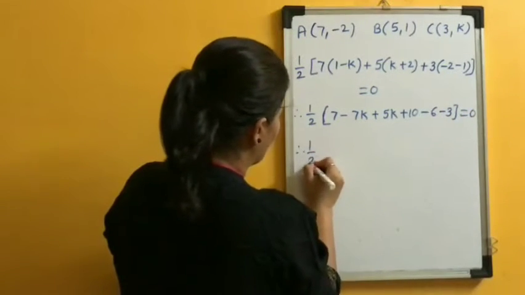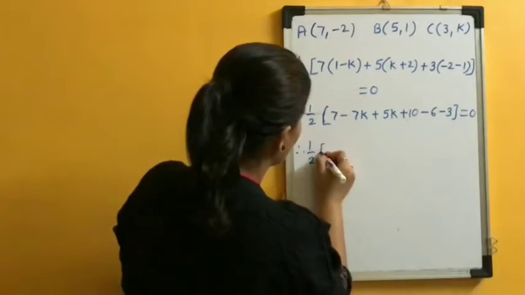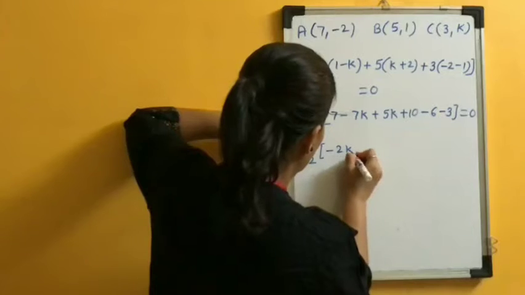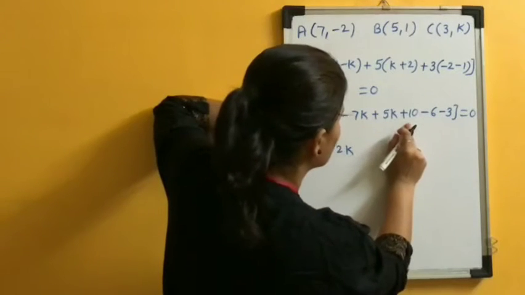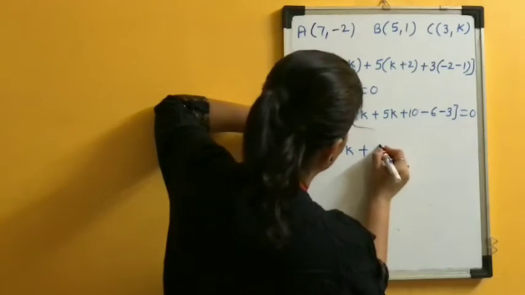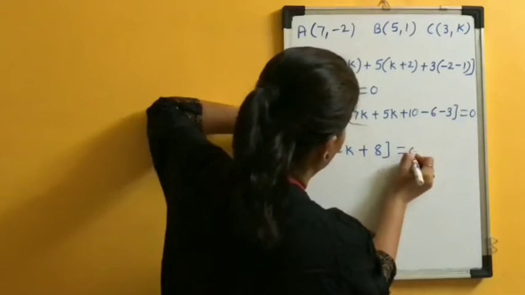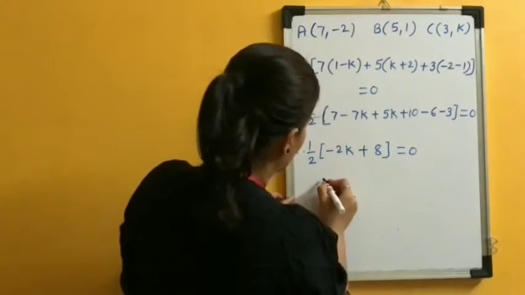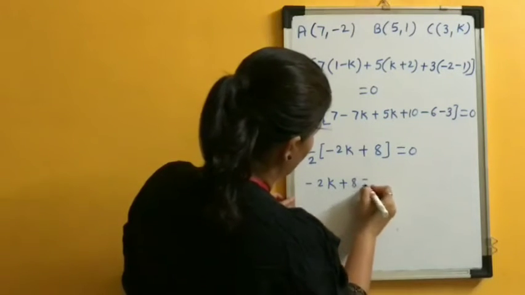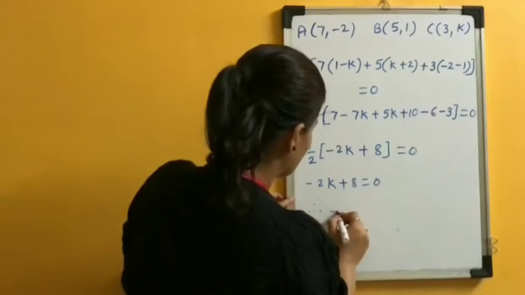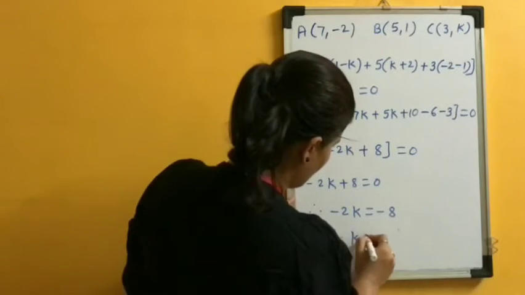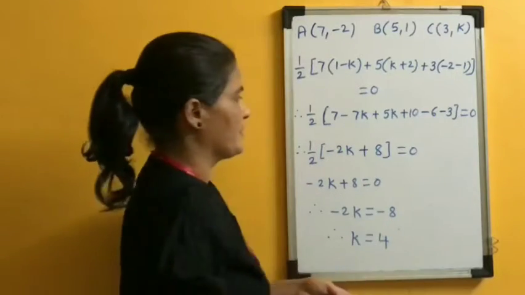That means 1 by 2 into, this k is minus 2k, 7 plus 1, that is 8, plus 8 is equal to 0. That means minus 2k plus 8 is equal to 0. That means minus 2k is equal to minus 8. That means k is equal to 4.